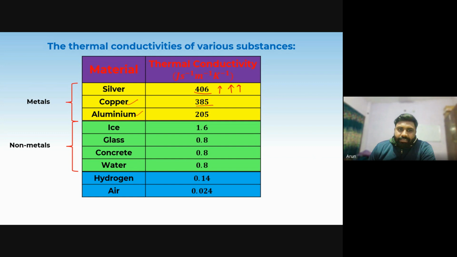So this is metal, this is non-metal, and this is the gases. For information, you can remember that the thermal conductivity of gases is the lowest, this is in between, and these are the highest. Metal has the highest value of thermal conductivity. Got it?